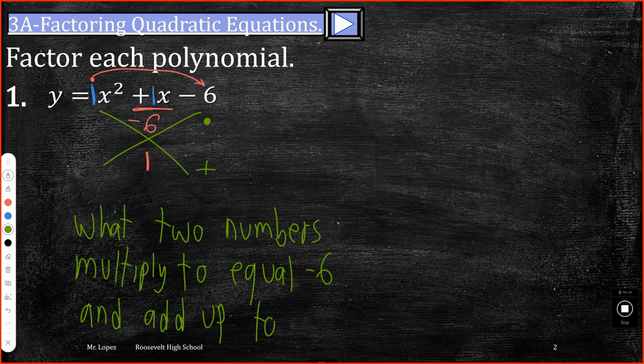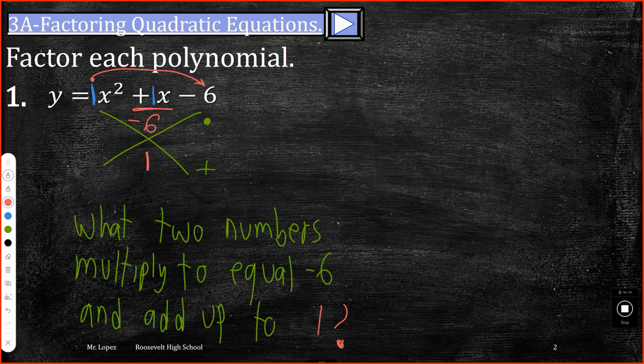Add up to 1. That's the question here. What 2 numbers multiply to equal negative 6 and add up to 1? Okay, so that's the math.